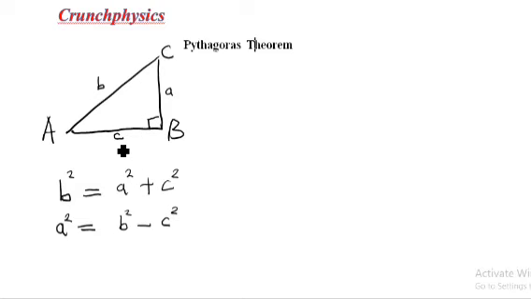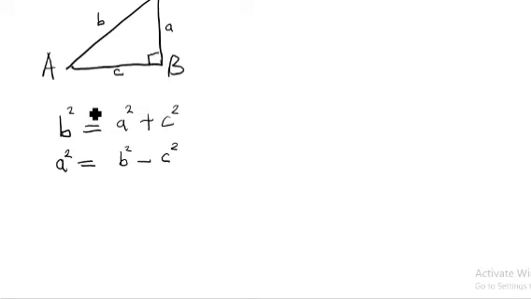That's if you make a substitution in the formula. Also, if you are looking for this c side and you are given the hypotenuse and this a side, you have c squared equals b squared minus a squared.